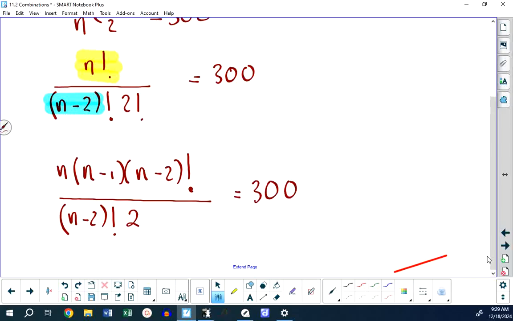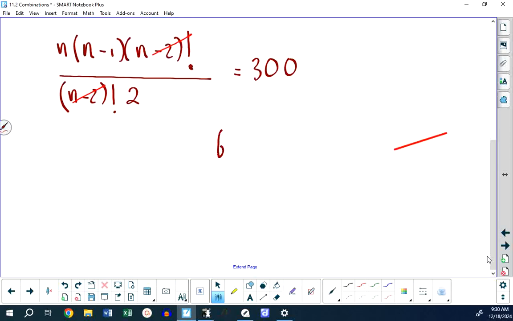And on the denominator end of things, that 2 factorial just is 2, so I dropped the factorial symbol. Gone. I can multiply both sides by 2. 300 times 2 will give me 600. And I can multiply this n in. And now I have a quadratic equation.